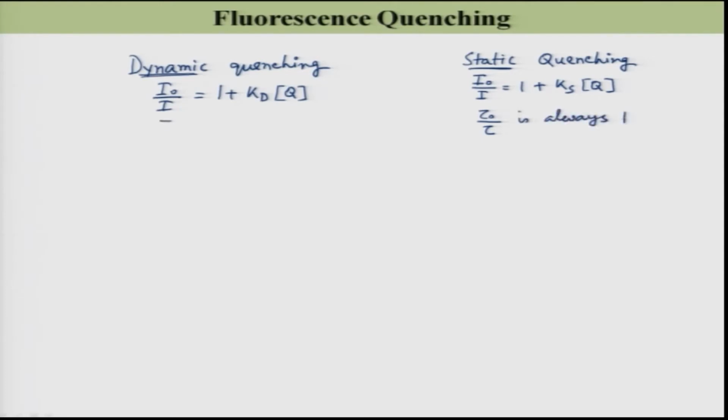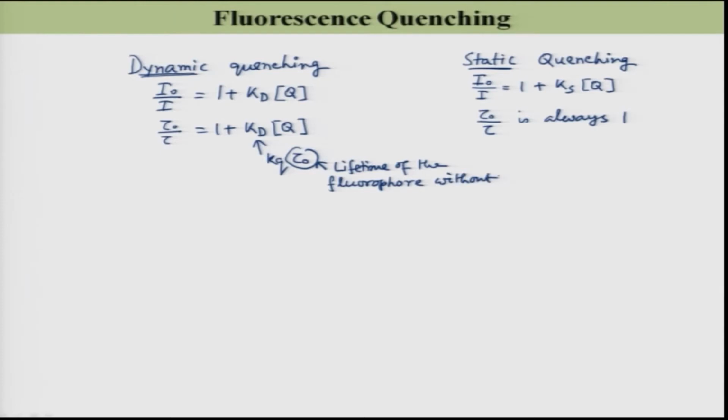But in dynamic quenching, tau 0 by tau will also give you a linear dependence on the concentration of the quencher added. Here Kd is Kq into tau 0, where tau 0 is the lifetime of the fluorophore without any quencher.